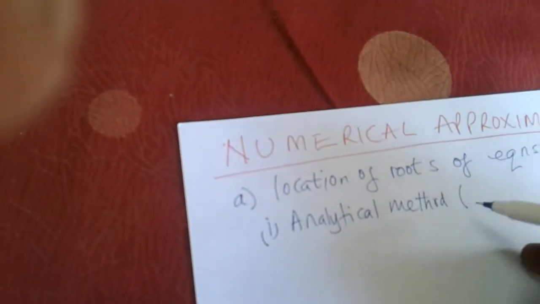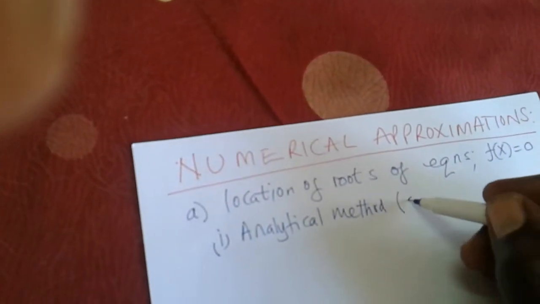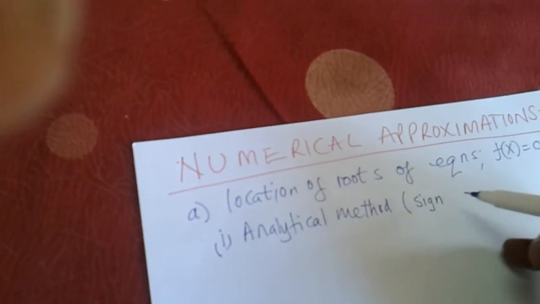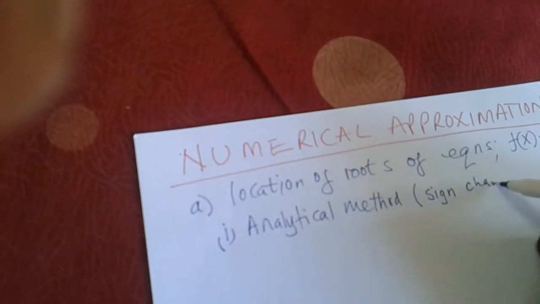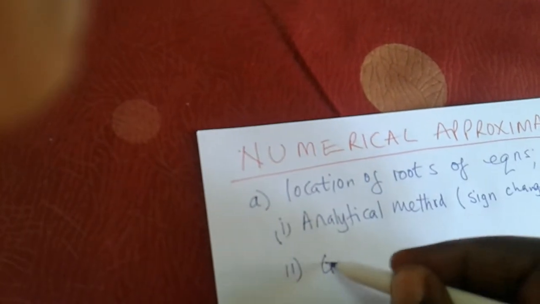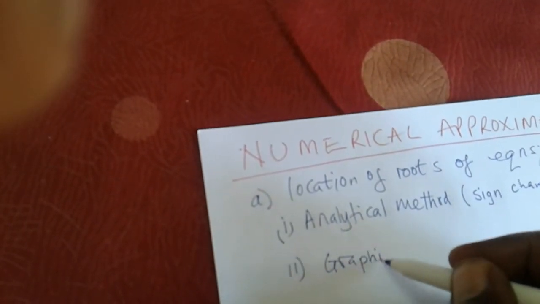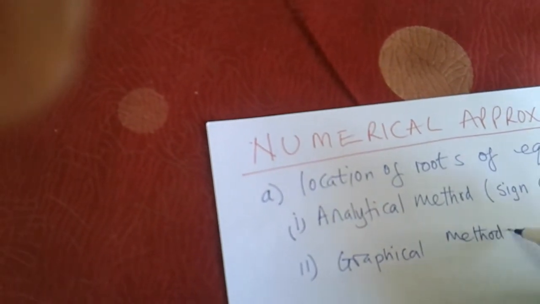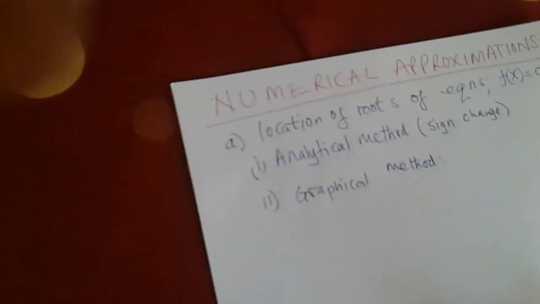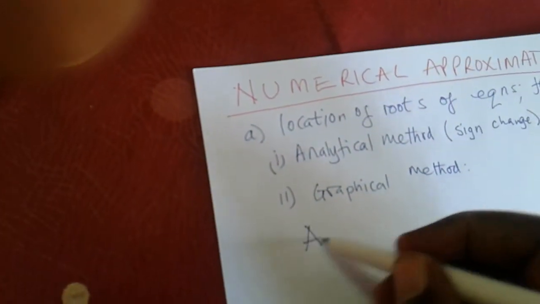When we talk of the analytical method, we shall see how functions change signs, that is, sign change. Then the graphical method. In our discussion, we want to begin with the analytical approach.